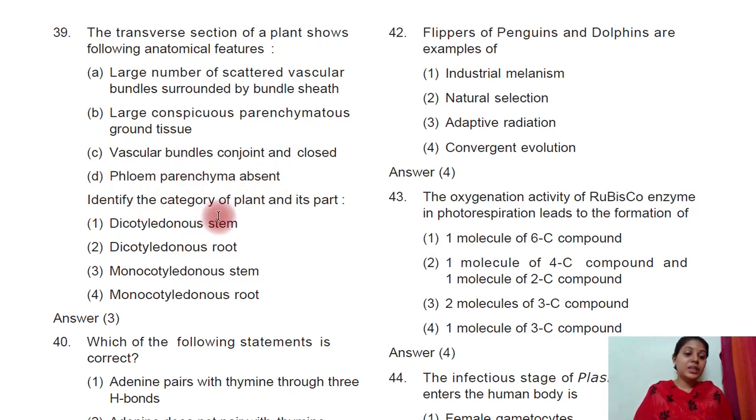Now, identify the category of plant. So what part of the plant have they made a TS of? So the option is monocotyledonous stem, because we know all these structures only in a monocotyledonous stem. The phloem parenchyma is absent, vascular bundles are conjoined and closed, and the parenchymatous ground tissue is really large, conspicuous, right? And then a larger number of vascular bundles which are scattered.